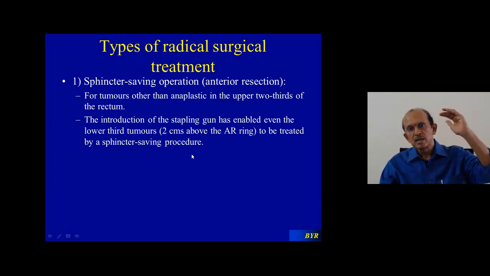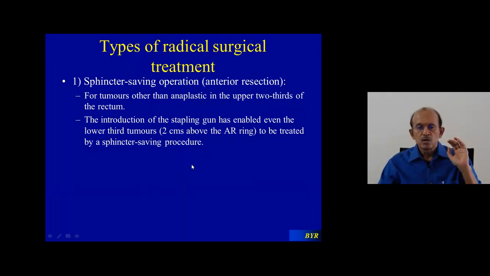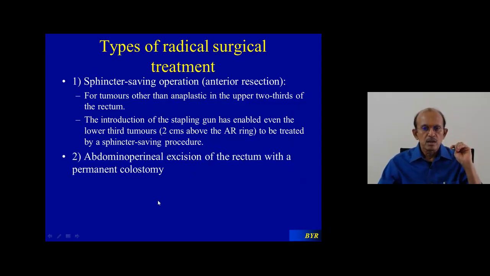So if the tumor is at 2 centimeters above the anorectal ring, you can remove up to the anorectal ring and do the anastomosis to the anal canal directly. So this anastomosis to the anal canal can be done only with the help of a stapler. So first procedure is the sphincter saving operation, which is done for the upper 2/3 tumors.